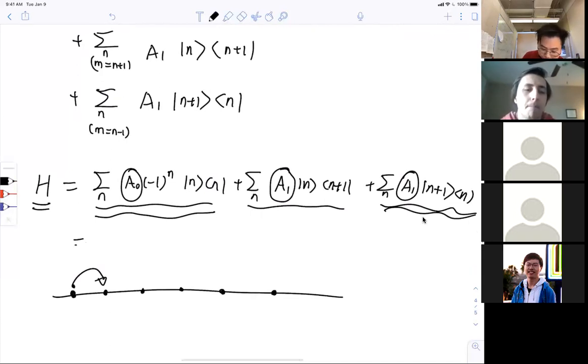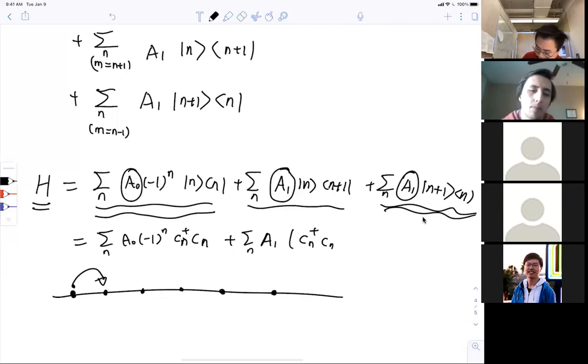And in the second quantization notation, if it's a fermion, we usually write a0 times C_n dagger C_n, plus a1 times C_n dagger C_{n+1} plus the Hermitian conjugate.